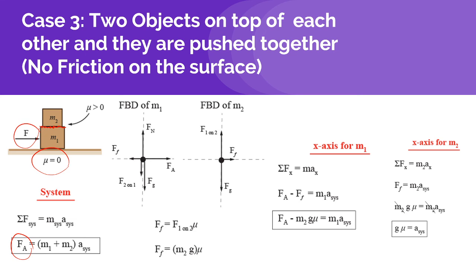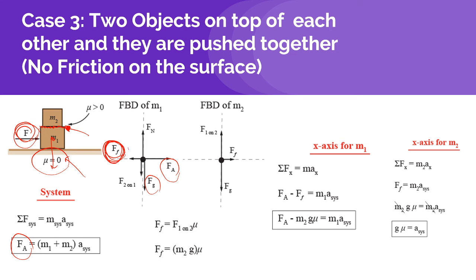So the first object free body diagram, you basically have FG, which is gravity acting on this guy, applied force, which is this guy, and friction force. All right, this friction force is coming from the top object. All right, it's not the friction in the bottom, it's the friction created by the top object.